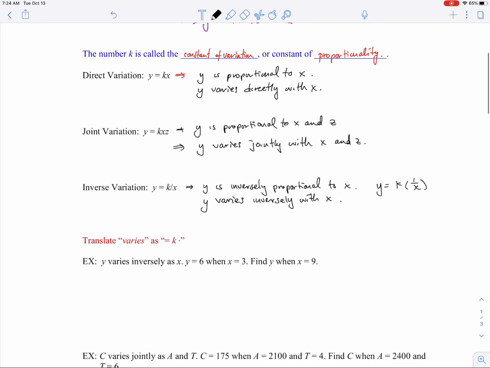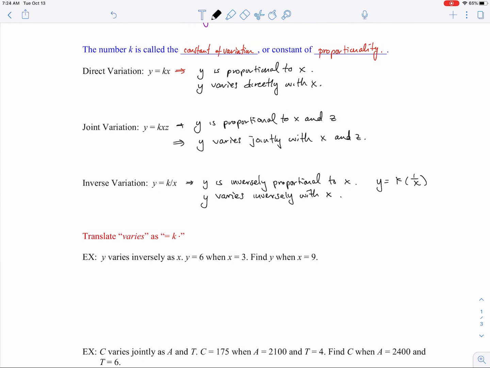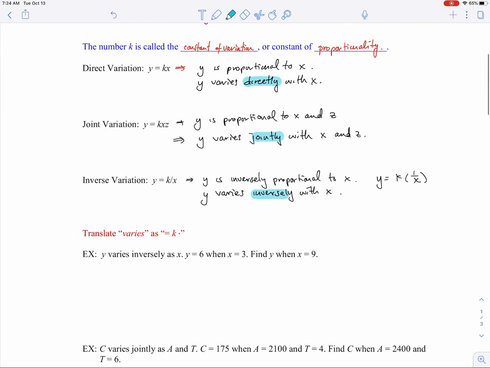So those are the key words that you want to watch out for. The terms being direct, joint, and inverse are going to key you in on what formulas to use in a word problem.